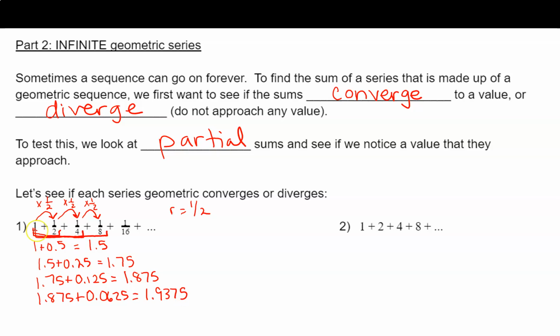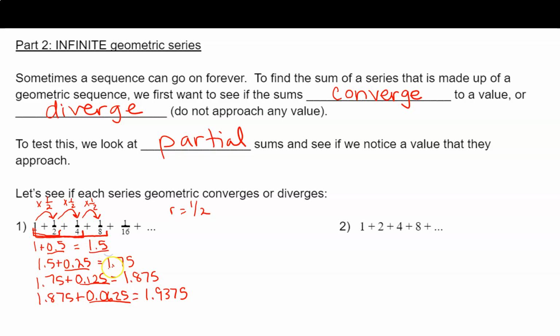Okay, so we had 1, 1.5, 1.75, 1.875, 1.9375. The drop-offs are getting smaller and smaller as we go from one sum to the next. So it seems to me, since we keep adding a value that's getting smaller and smaller, closer to 0, if we go out to infinity, we're going to be adding virtually 0 to each term.